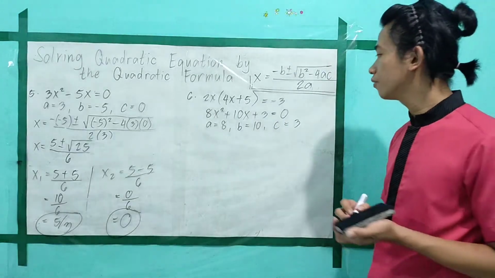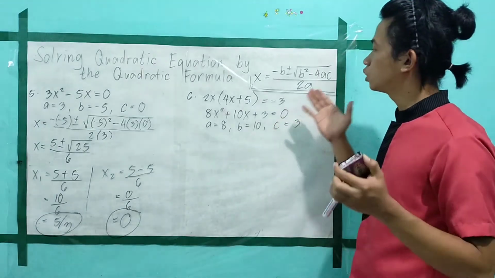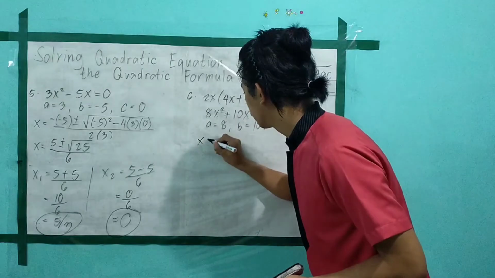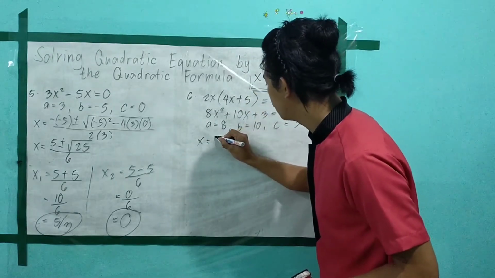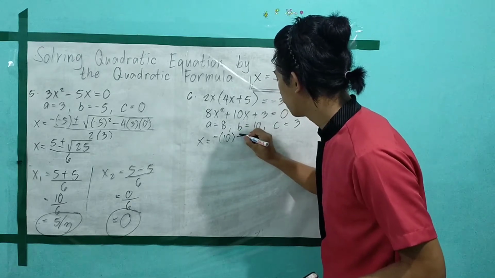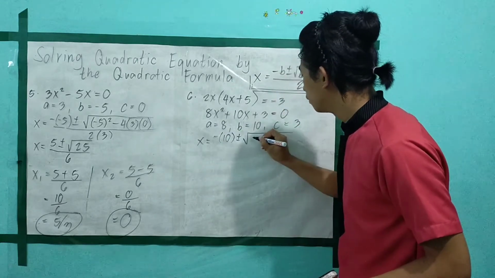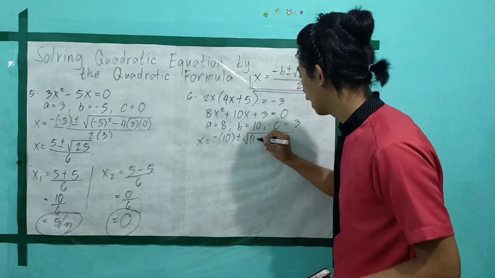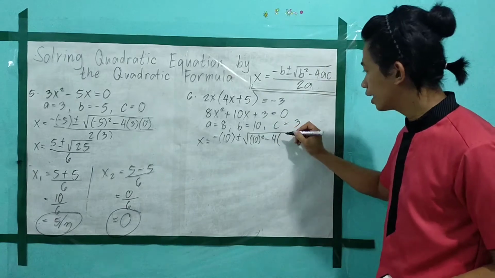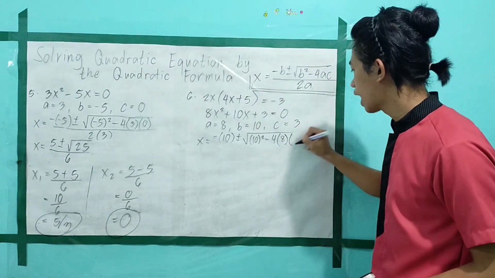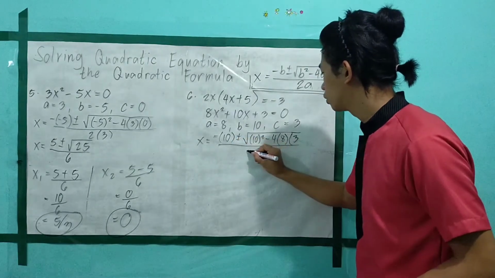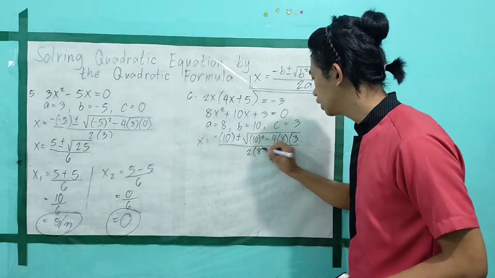Okay, since nakuha na natin yung values ng a, b, and c natin, substitute na natin siya sa ating formula. So, x is equal to negative b, negative multiplied by 10, plus minus square root of b squared. So, we have 10 squared, less 4 multiplied by our a, we have 8 times 3. Okay? All over 2 multiplied by our a, 8.